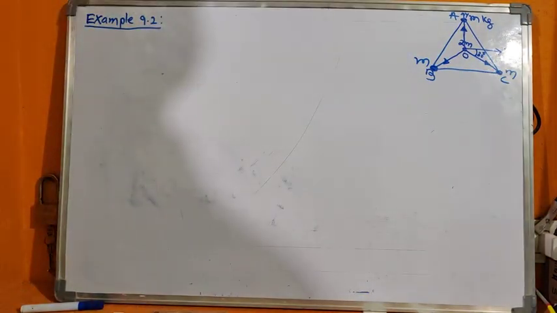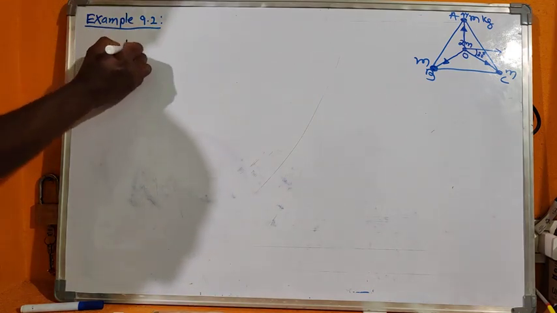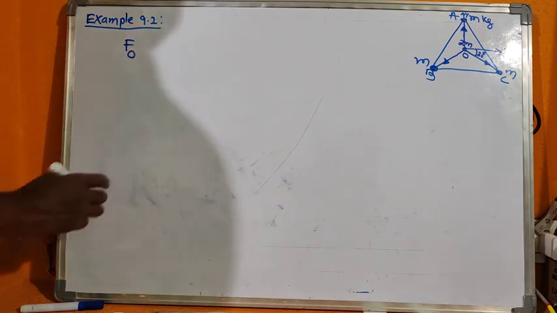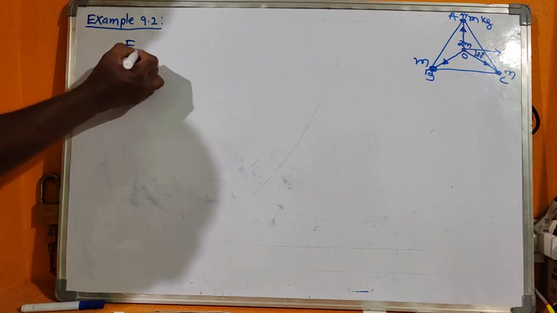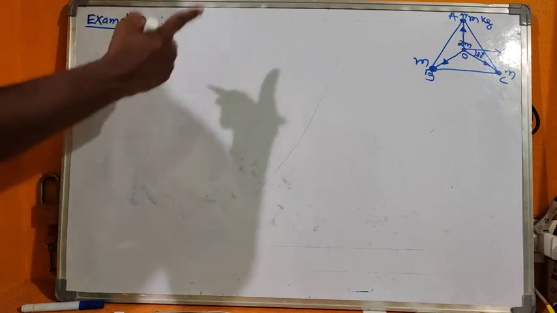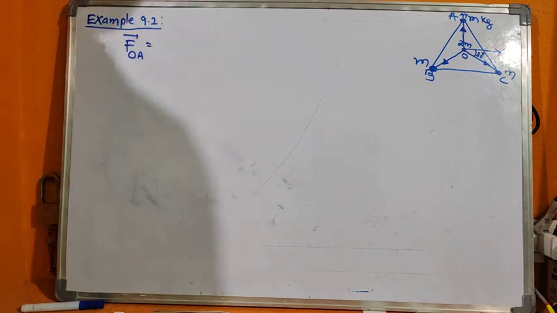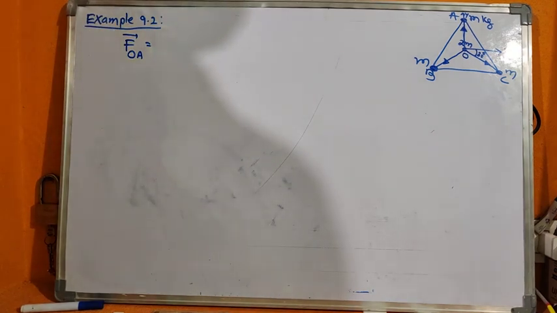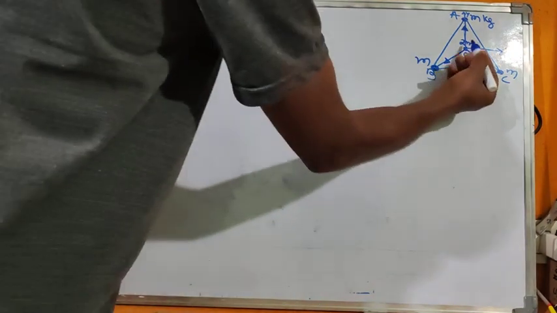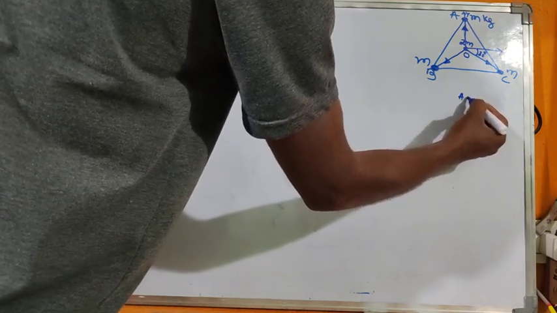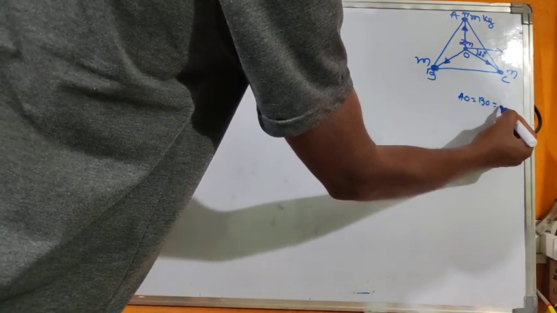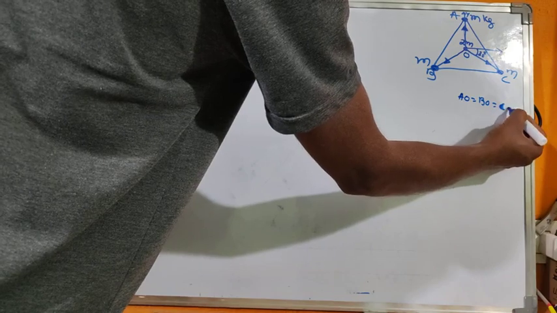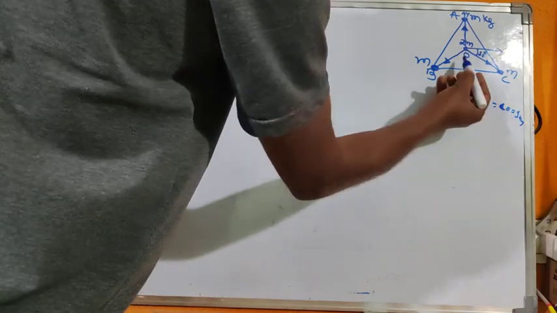First of all, the force on O by A is equal to, according to the gravitational force, G m1 m2 by r squared. r is the distance, which is given here: AO is equal to BO is equal to CO, equal to 1 meter.